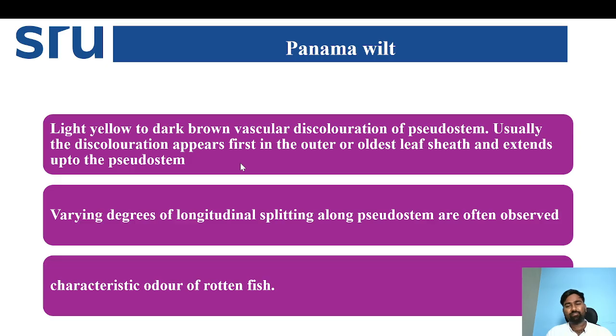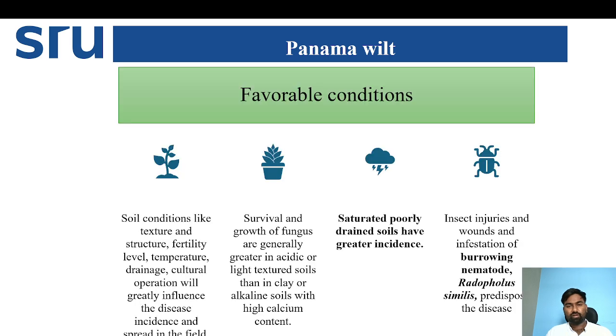Usually discoloration appears first in the outer or oldest leaf sheath and extends up the pseudostem. Varying degrees of longitudinal splitting along the pseudostem are often observed, and the infected plant will emit a characteristic odor of rotten fish. So these are the important diagnostic symptoms of Panama wilt or Panama disease in banana.